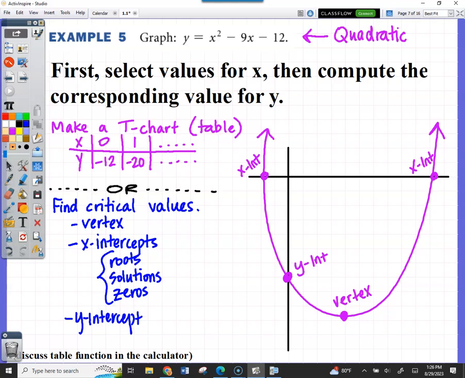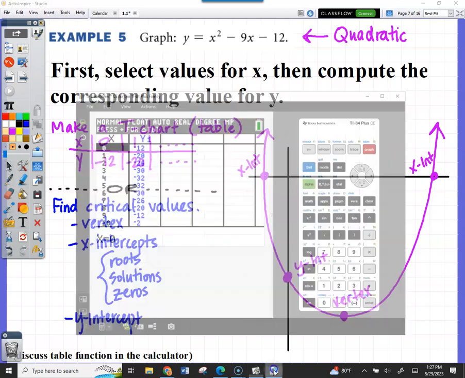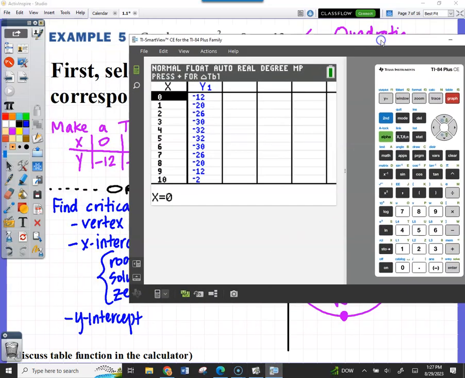All right, now what we're going to do is show you how to use your graphing calculator to find those values. Now, if I go too fast with this, then I want you to practice it tomorrow in Flex, okay? Because it's very helpful to be able to do this.